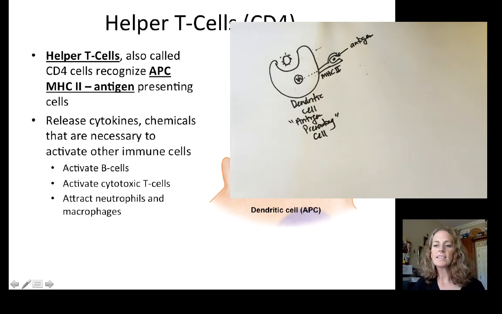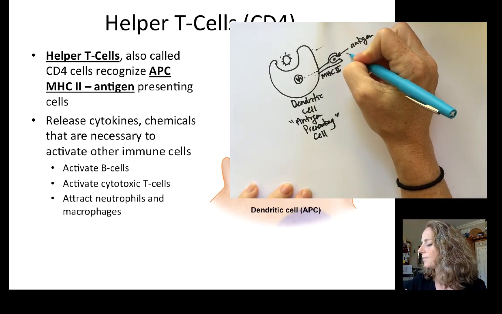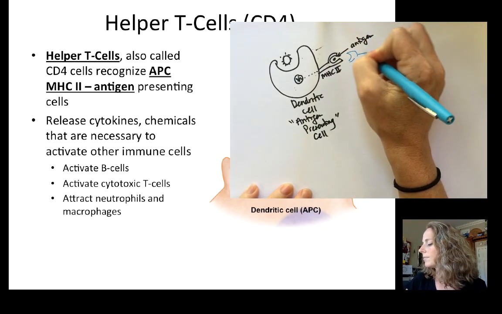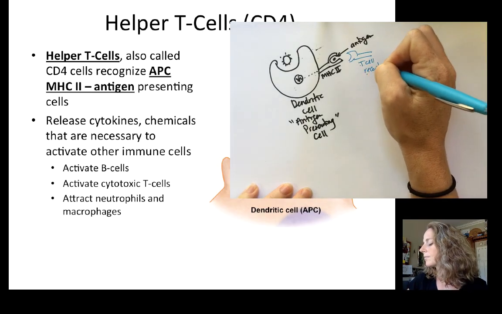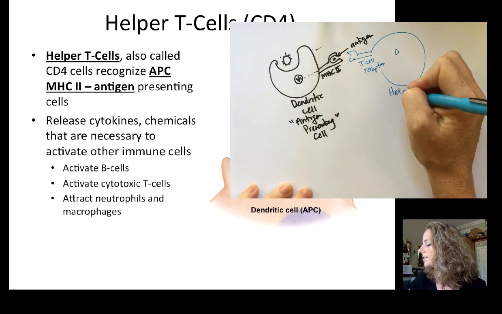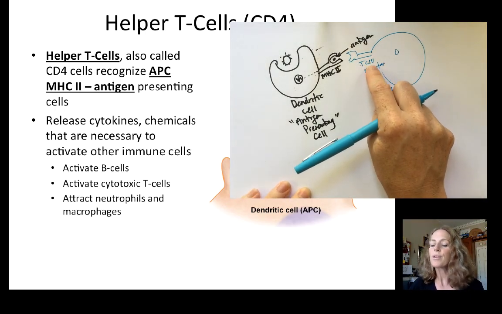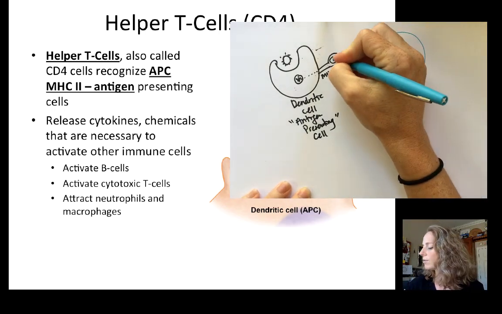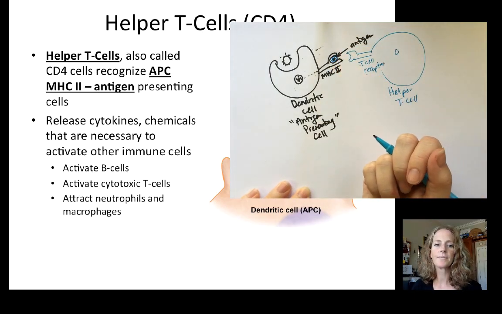This is one of these T cells that is involved in the response to these displayed antigens. So the helper T cell has its own T cell receptor. So this is our helper T cell. It's going to be floating around and looking for antigens on antigen presenting cells.